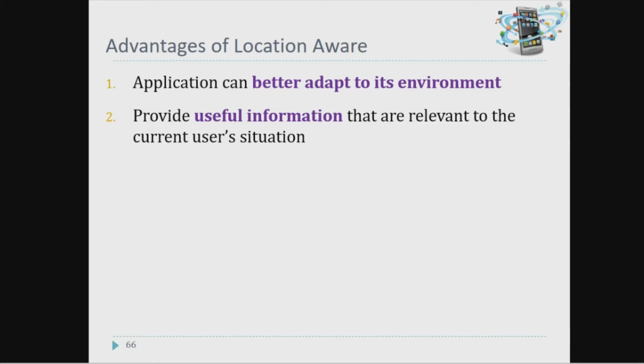So it is useful. If your application only provides waktu solat for Kuala Lumpur, then when you move to Johor or Penang, the application is not useful anymore. So that's why we have location awareness. So you can provide information related to the user based on their location.